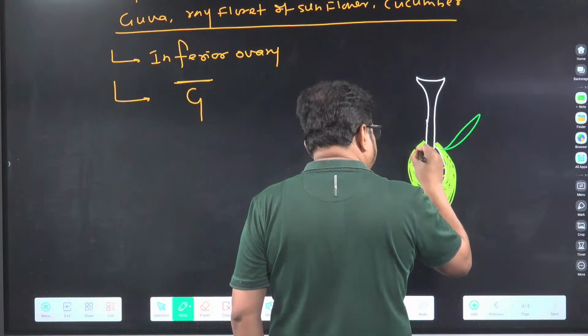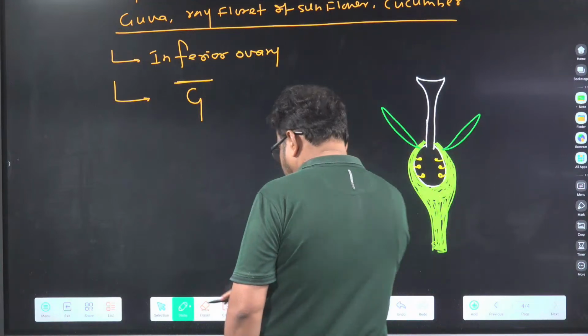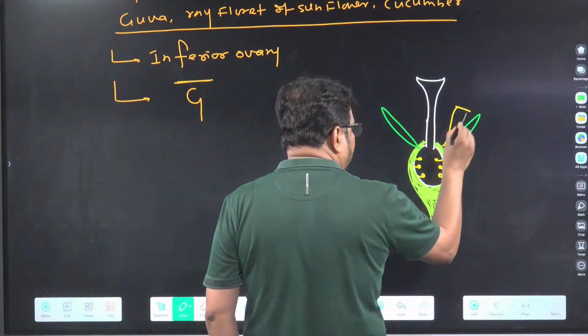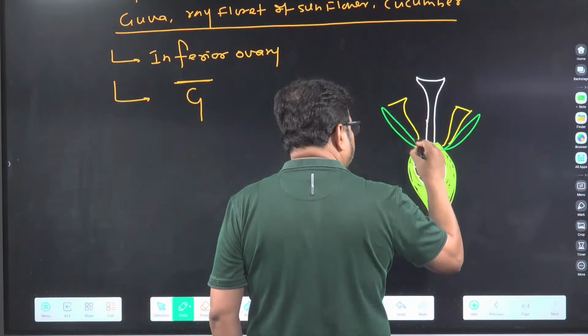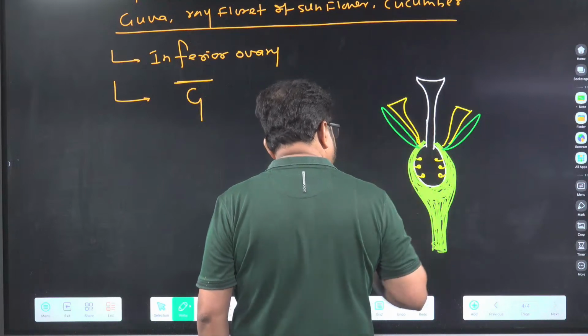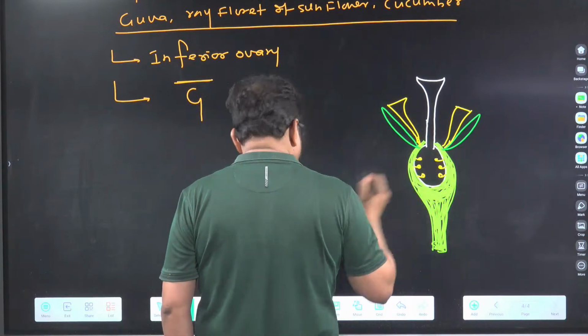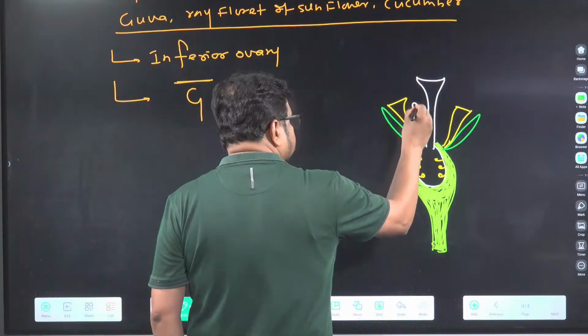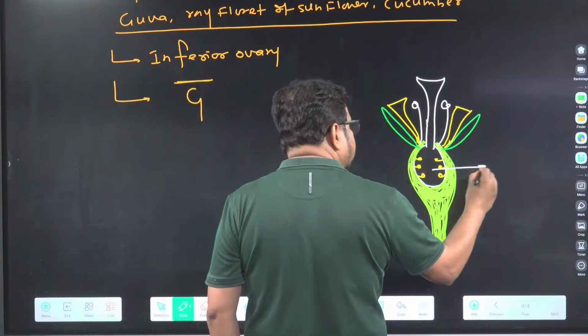Suppose that it is calyx. Another color I am drawing. Assume it is corolla. Then it is what? Stamen or androecium. And this is basically the ovary.